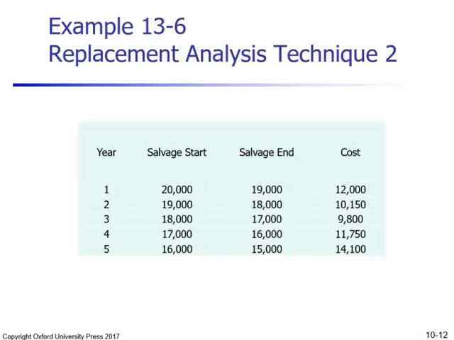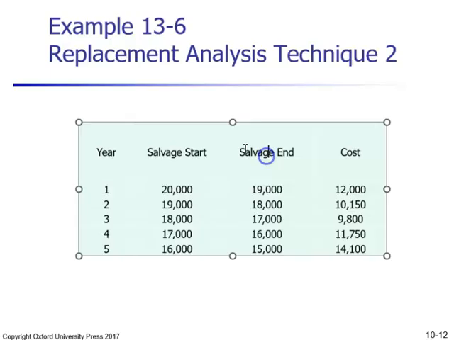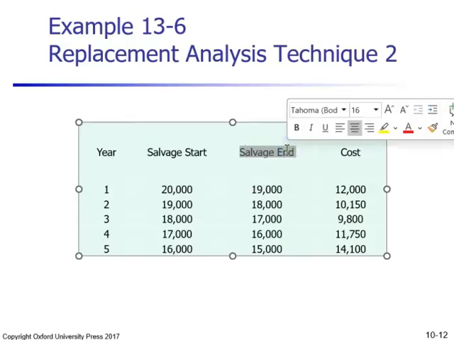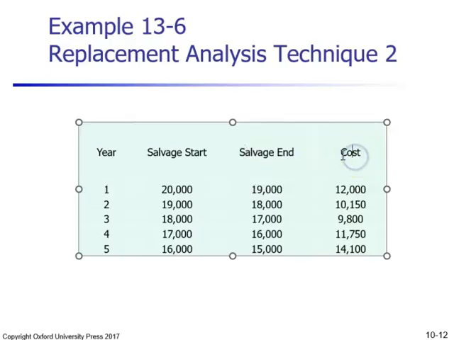In this example, we have this data that gives the salvage value at the beginning and at the end of the year. Also, it gives you the operating cost, maintenance cost, any cost that the machine has for the corresponding year.